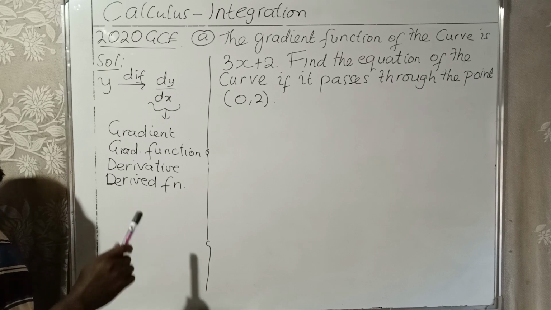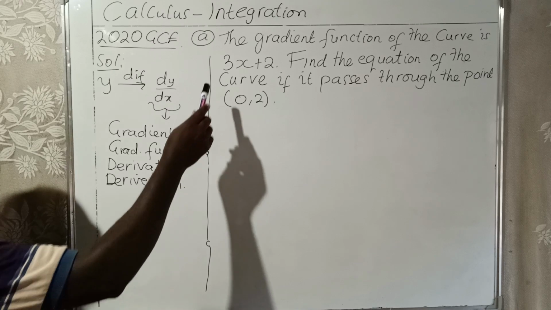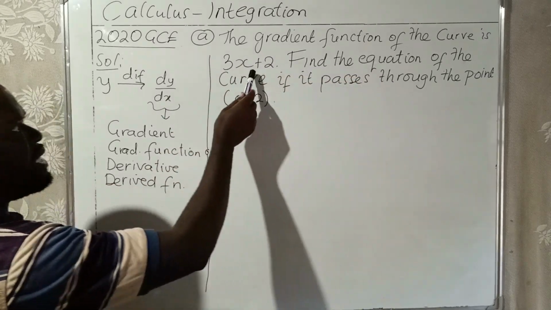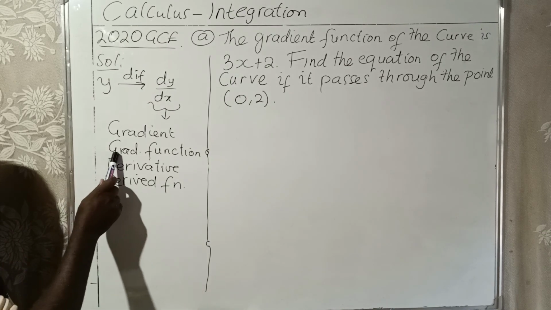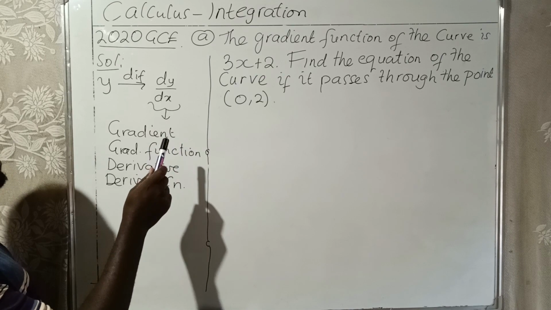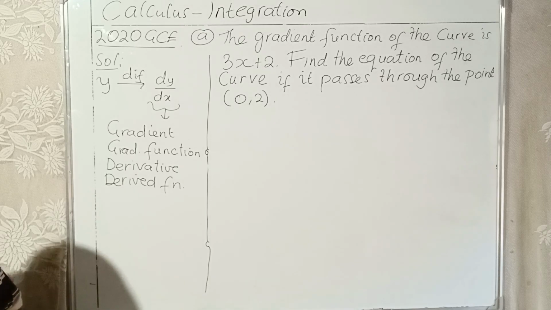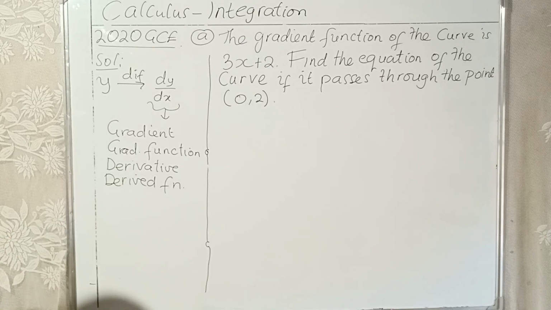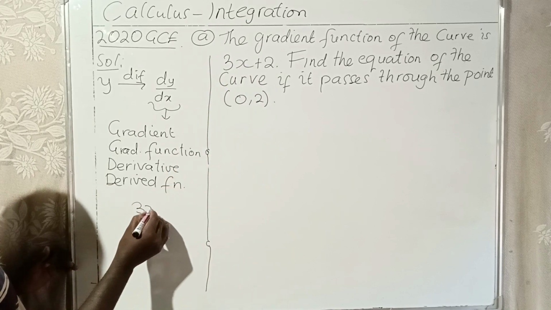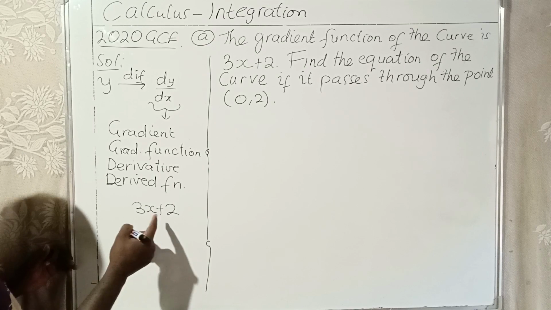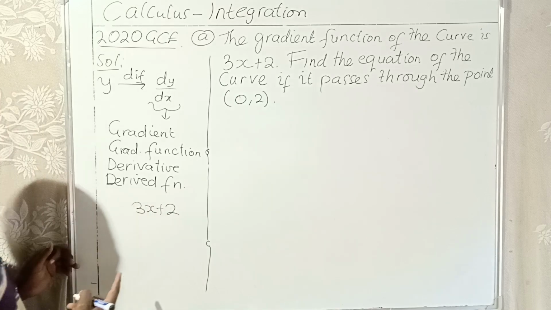Now looking at the question, it says the gradient function of the curve is 3x plus 2. So the clear interpretation is that 3x plus 2 is the gradient function.